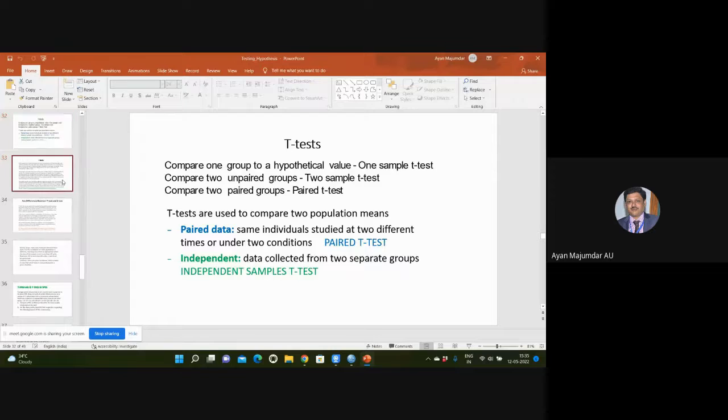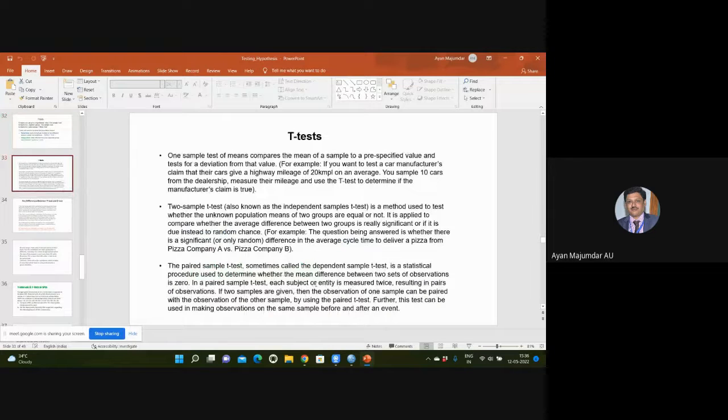Paired test means, say, I have taken samples from two groups where I can pair. Say, day one, the rainfall in one area and rainfall in another area, say two areas A and B. Day one, their rainfall.